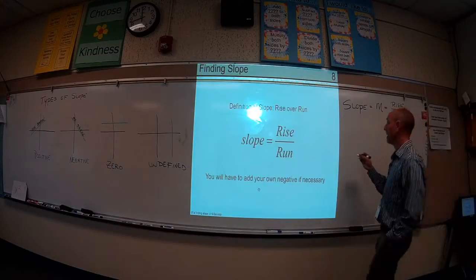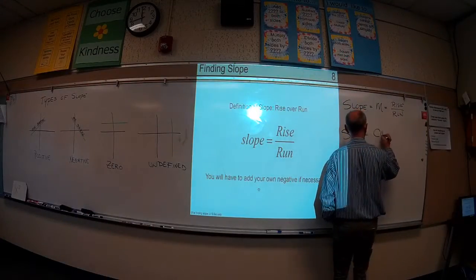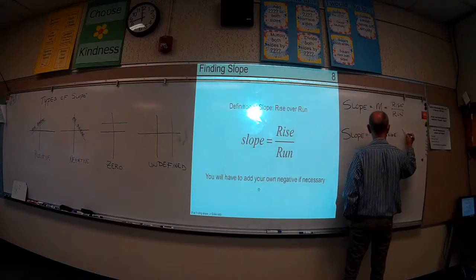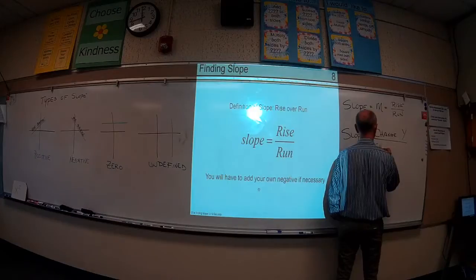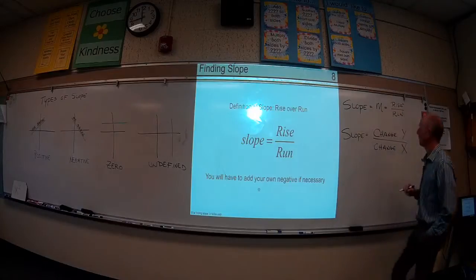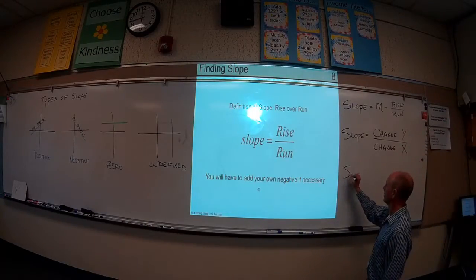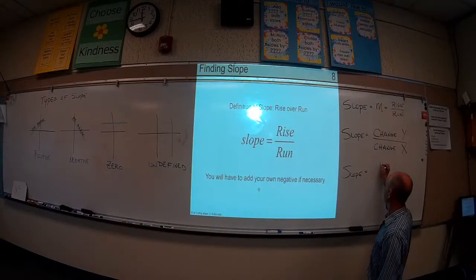Slope can also be defined as change in y over change in x. How did the x change and how did the y change? Sometimes we write slope like this, with a triangle on x and a triangle on y.